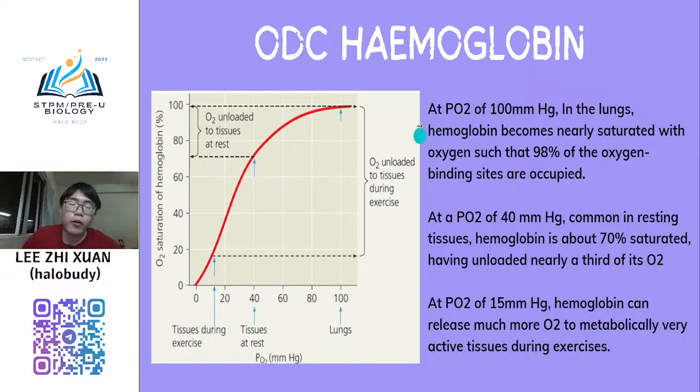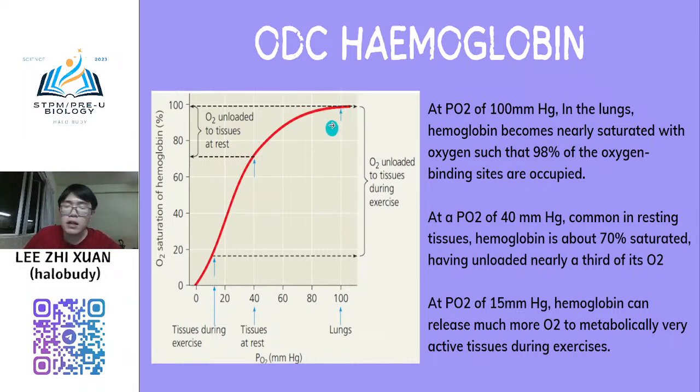Normally for the normal hemoglobin in an adult, when the partial pressure of oxygen is 100 mmHg, it has already reached the saturation point.